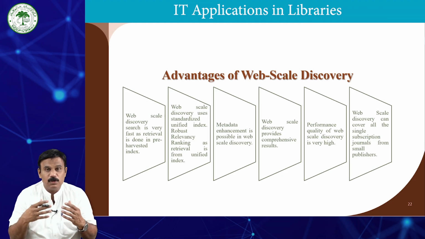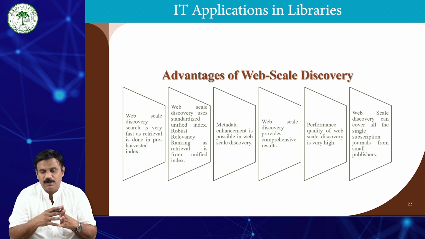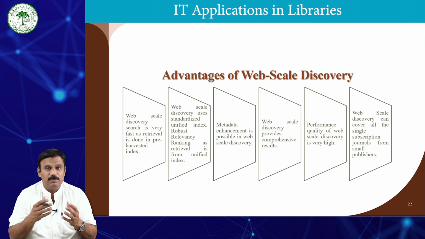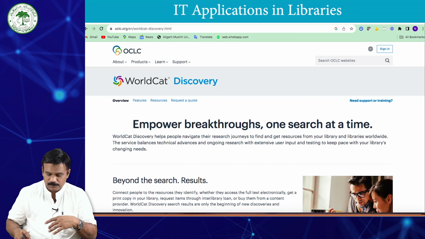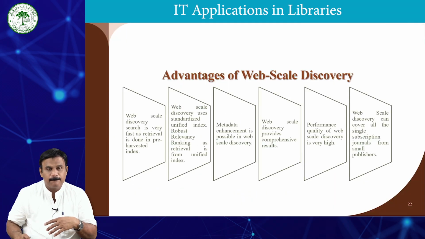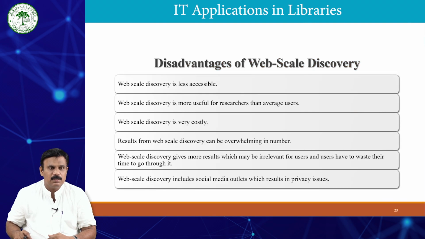As far as performance quality is concerned, it gives very high quality results. And it can cover all the single subscription journals from small publishers. These are the major advantages.